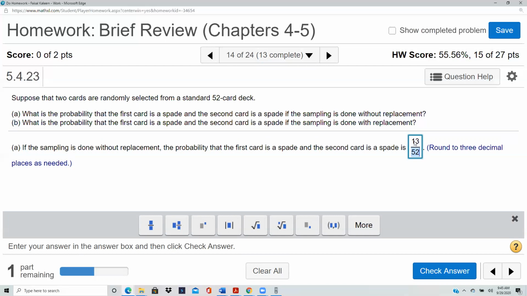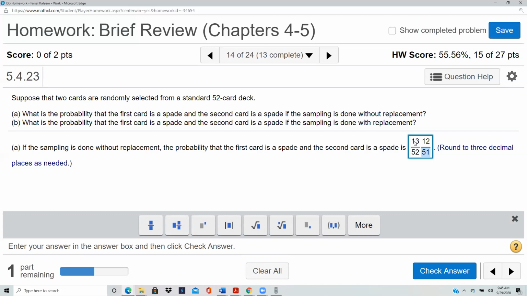And now I want the second card to be a spade, but it's done without replacement. So after I picked up one spade, how many spades are left now? 12. And how many total cards? 51.